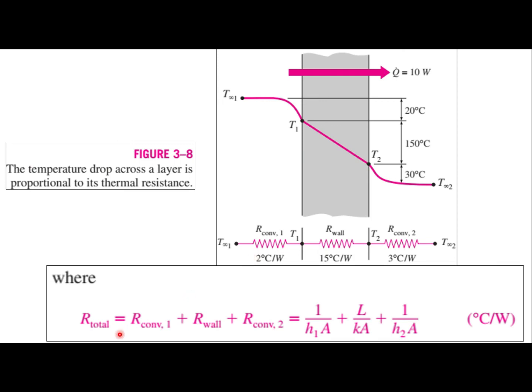So here we have the formula. R total is actually the sum of all three resistances, and these can further be expressed in terms of the convective heat transfer coefficient and the thermal conductivity.